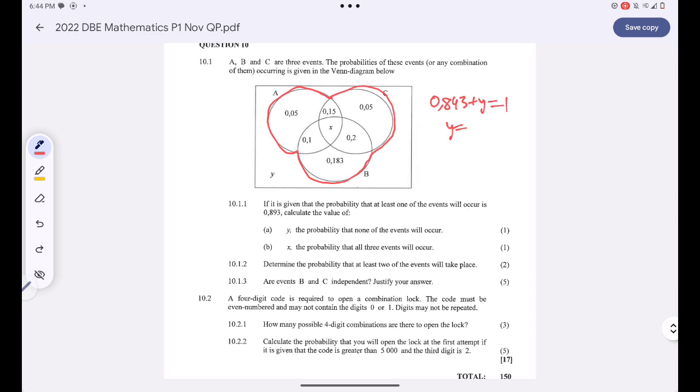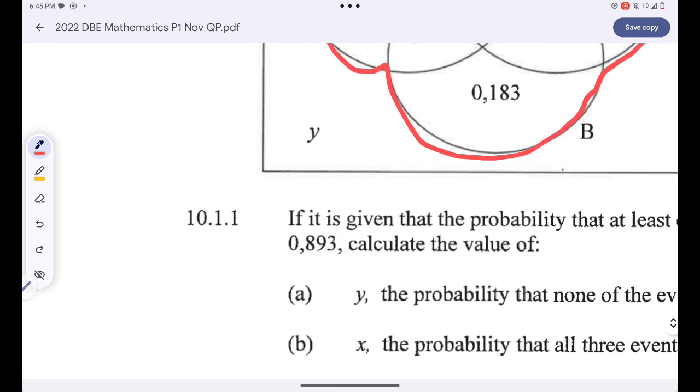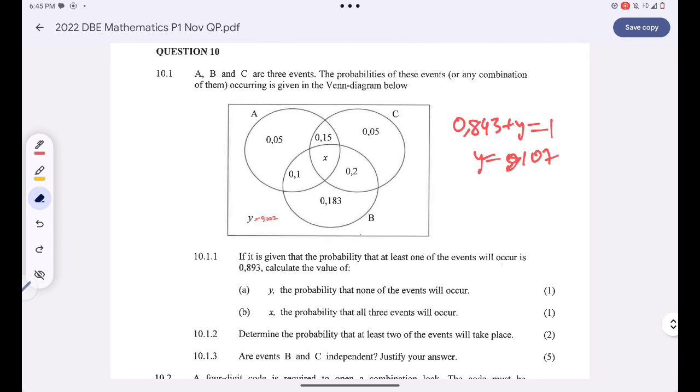Therefore, the value of y is 1 minus 0.893. This will give us 0.107. So the value of y is just 0.107. Are you together?